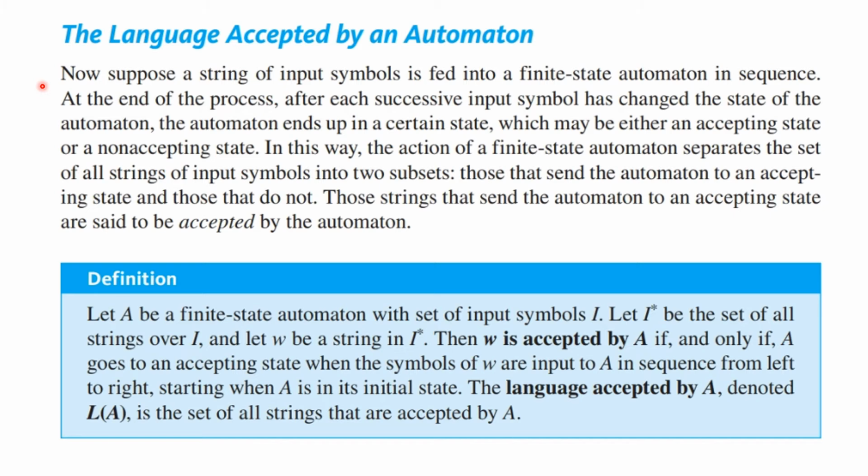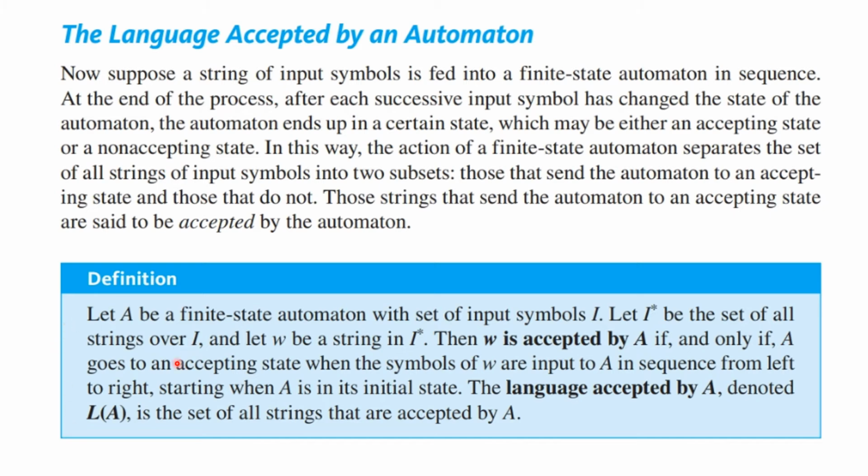But that state may either be an accepting state or a non-accepting state. In this way, the action of a finite state automaton separates the set of all inputs into two subsets, those that send it into an accepting state and those that are not accepted. And so those strings that send it into an accepting state are accepted by the automaton. And that is an important thing. That's basically a key function in a compiler.